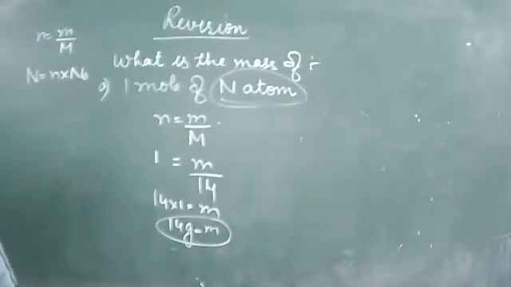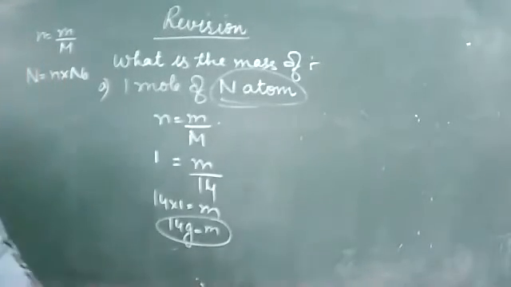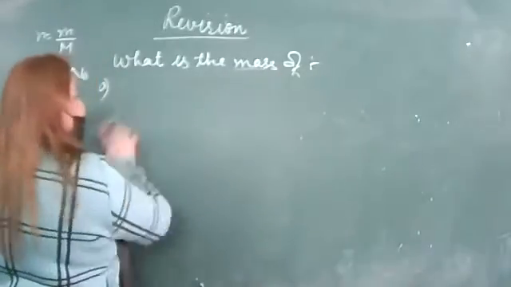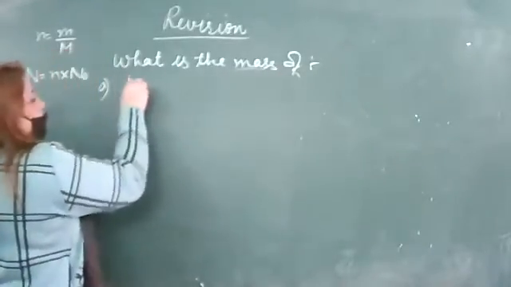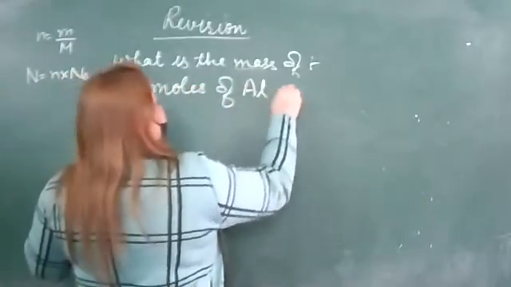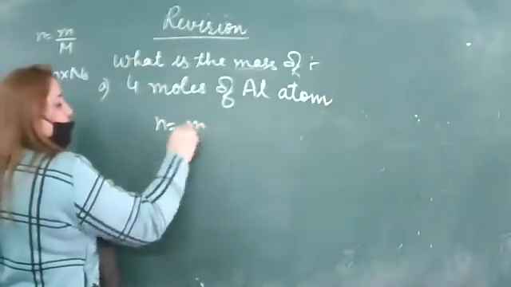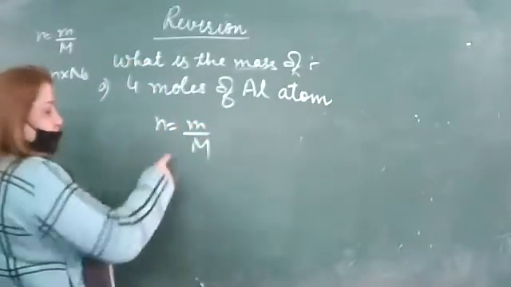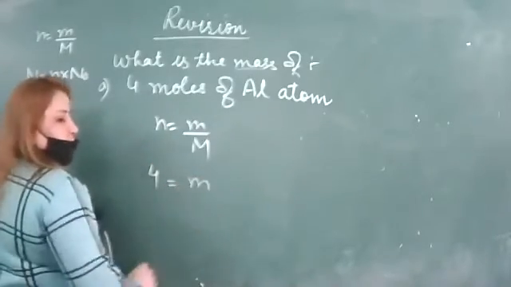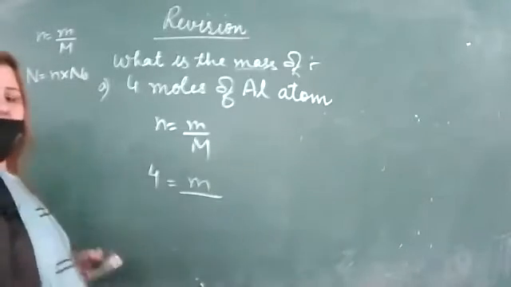Right? Now the second sum is 4 moles of aluminium atom. We have to calculate mass, but 4 moles of aluminium is given. Now again we will put this formula, right? 4 moles, moles given. Small m we have to calculate. Capital M, the molecular mass of aluminium.